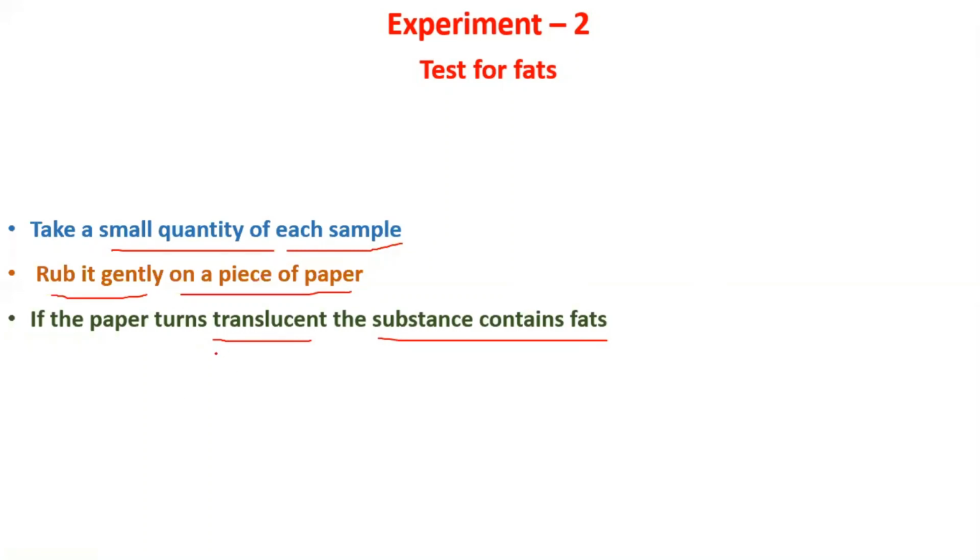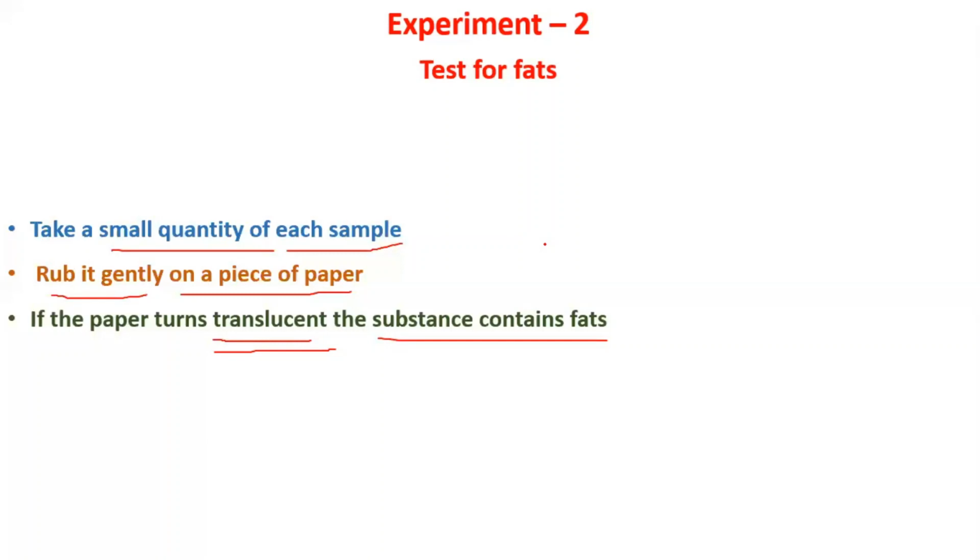If you observe the word translucent, you can find it in your 6th class light lesson. What is meant by translucent? The material which allows light to pass but not completely is known as translucent. So we have transparent, translucent and opaque. Transparent means the material which allows light to pass completely through it.